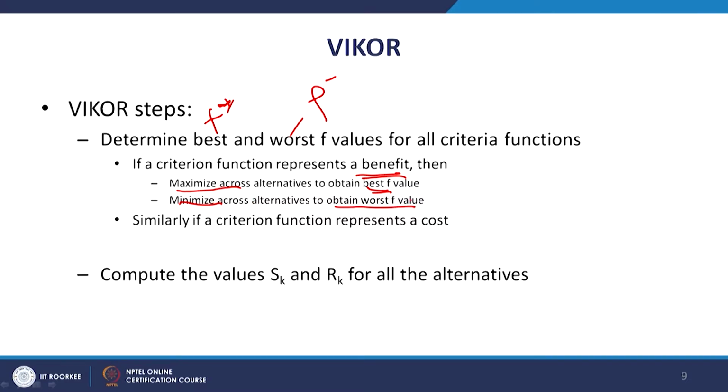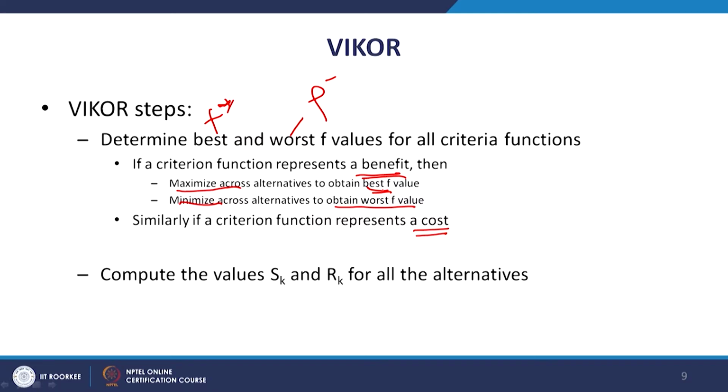However, if the preference direction for the criteria function is actually cost, then the situation will change in terms of determining the best and worst F values. There we will have to do the reverse, because this is a cost function. Therefore, we would like to minimize the value for the best score.